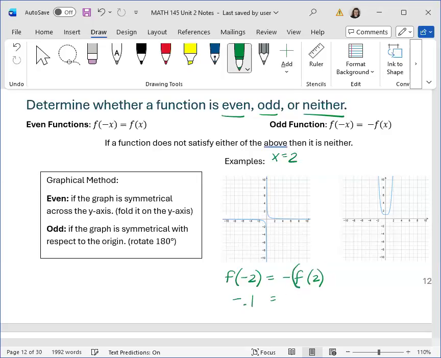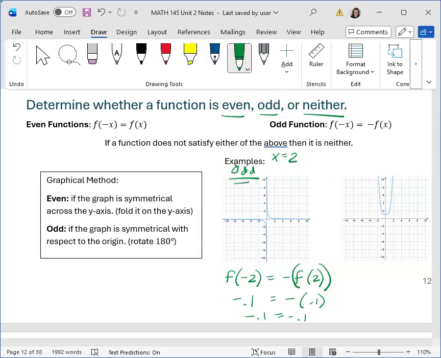Now I'm going to put an extra set of parentheses in here because we're evaluating f of positive 2 and then we're changing the sign of it to negative. So f of positive 2, remember, was positive 0.1. And the opposite of positive 0.1 is negative 0.1. So this satisfies the odd definition. So this function right here is odd.